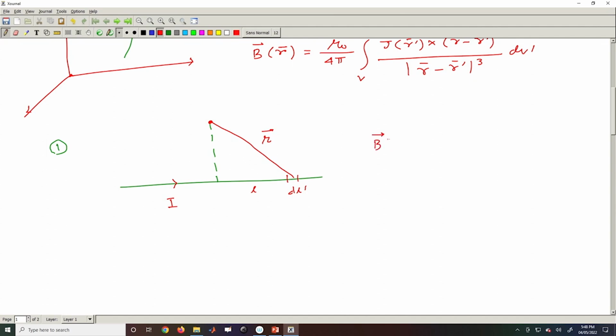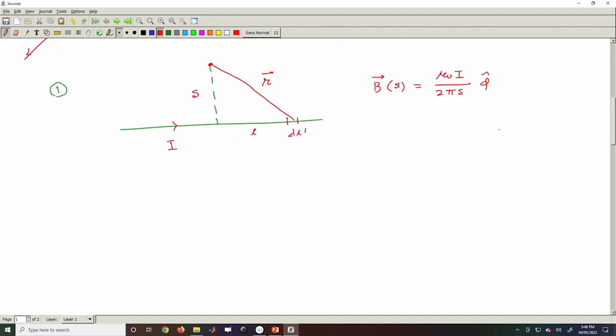So B at distance S was mu 0 I divided by 2 pi S in the phi direction. This is for an infinitely long wire.